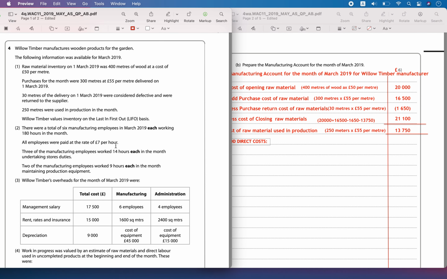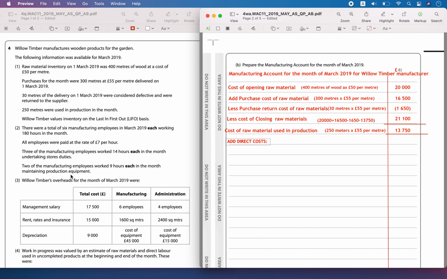What are the direct costs? First one is the employee labor cost, that is direct labor cost.